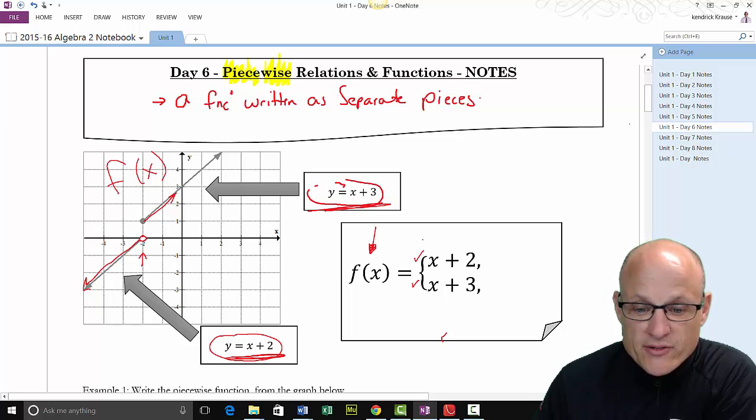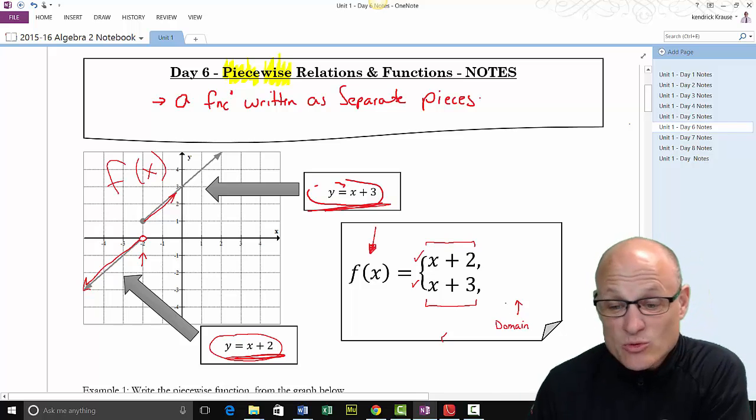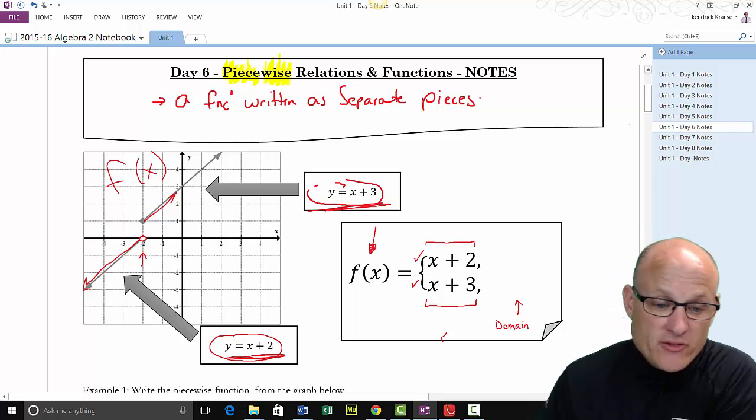So here is the definition part of the function. But over here, I have to tell you what the domain will be for each piece. This first piece only went from -infinity up to, but not including, -2.